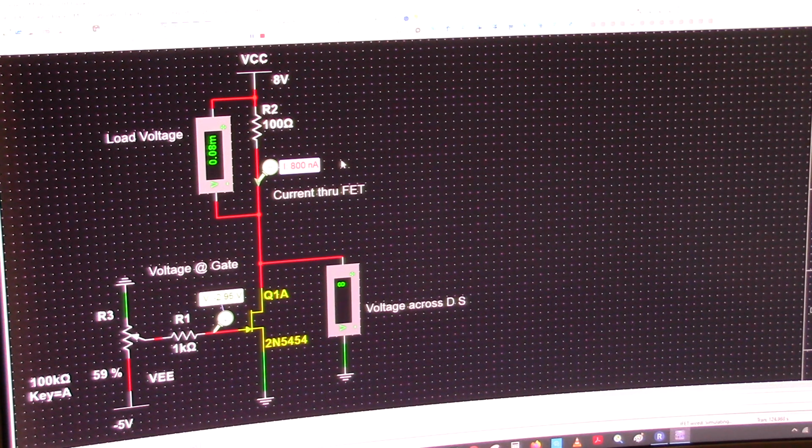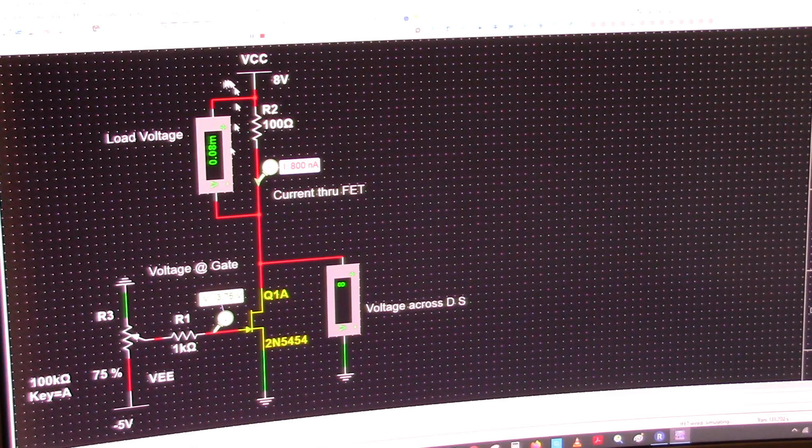It's 800 nanoamps, which is almost nothing, right? So 3 milliamps versus 800 nanoamps.